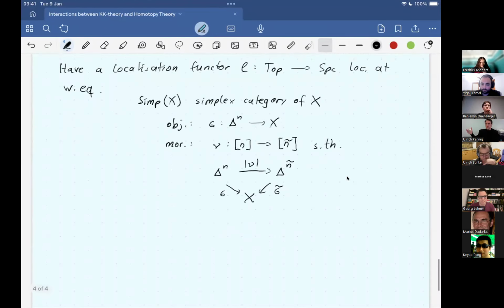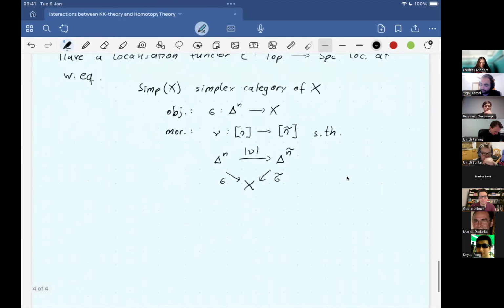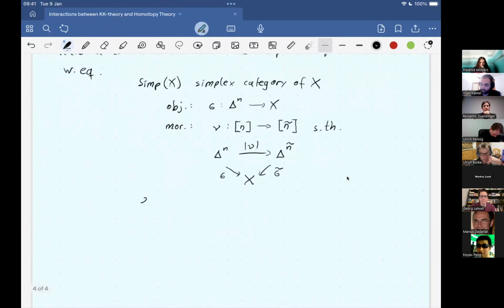Right, and that's one category, right? And then I can write the image of L as the colimit of the constant functor that just associates the point over this simplex category.